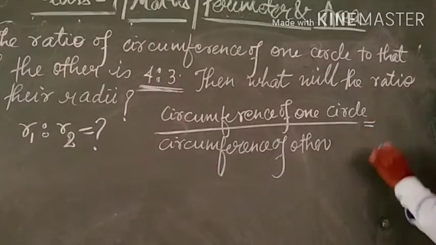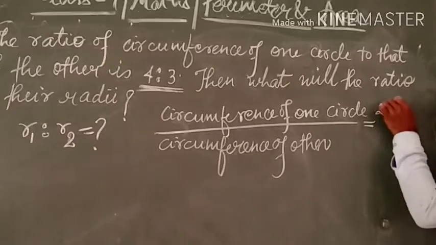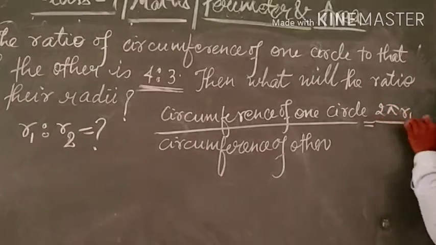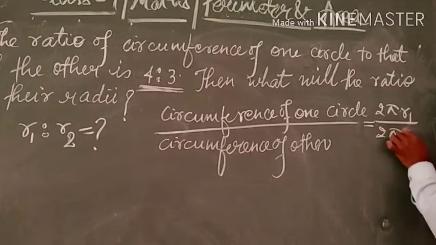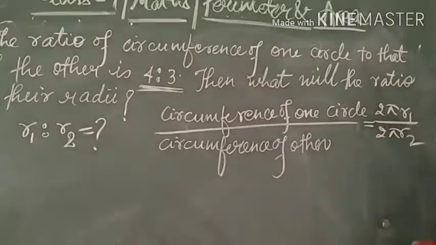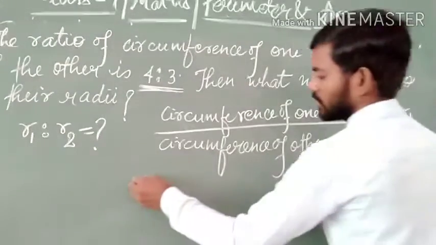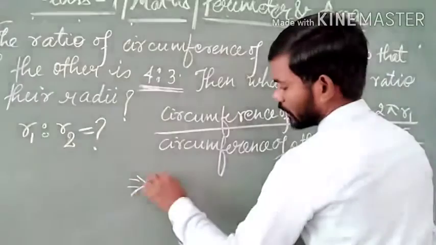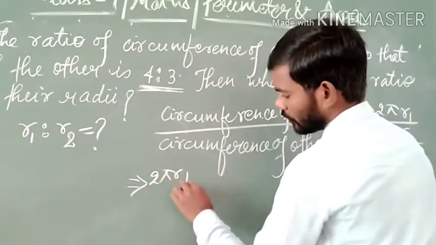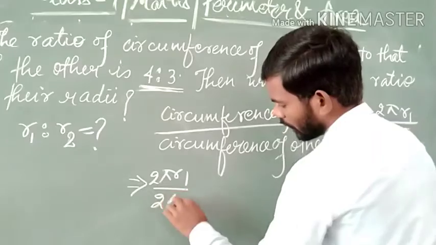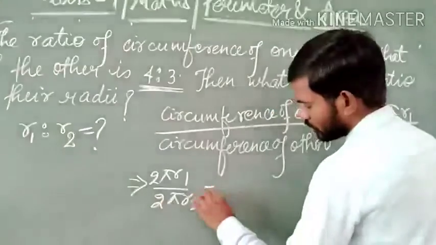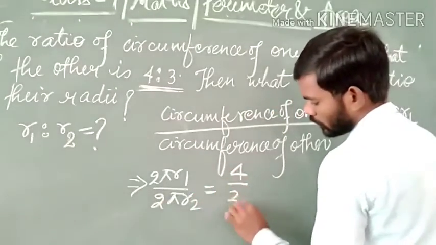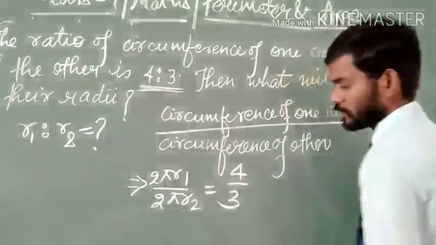It will be equal to 2 pi r1 upon 2 pi r2. So 2 pi r1 upon 2 pi r2 is equal to 4 upon 3.